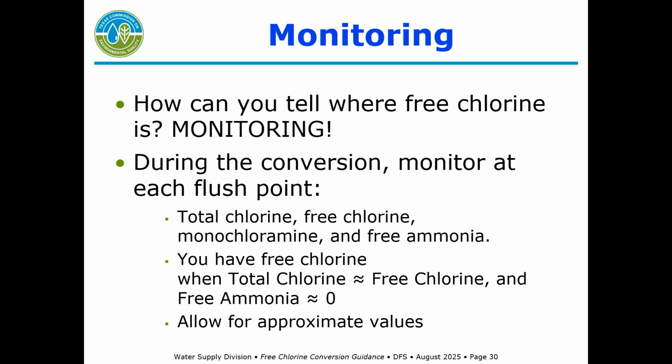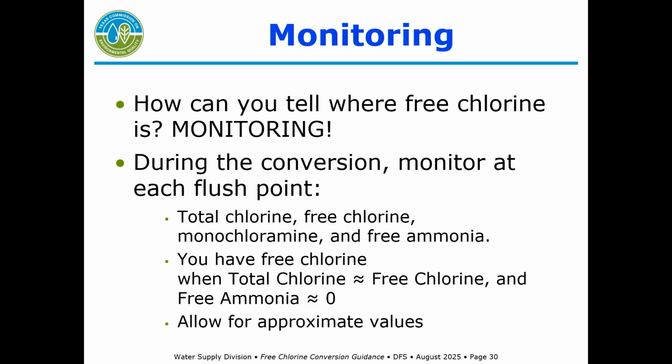I want to make the point that it's easy to get false free chlorine readings when monochloramine is present. Monochloramine interferes with our typical DPD method for free chlorine. That's why you need to measure all four parameters here: total chlorine, free chlorine, monochloramine, and free ammonia. And you want to do that at each of your flush points.